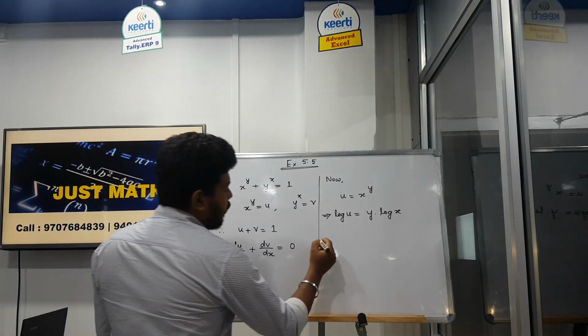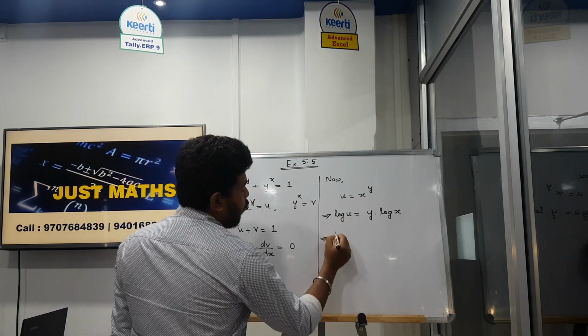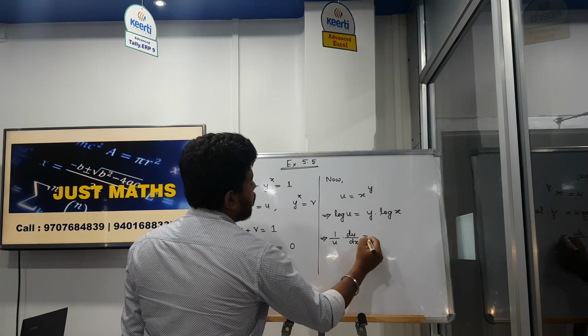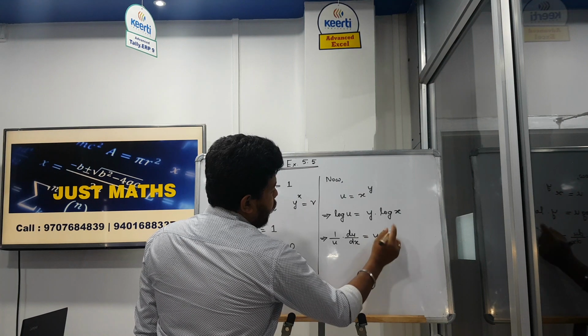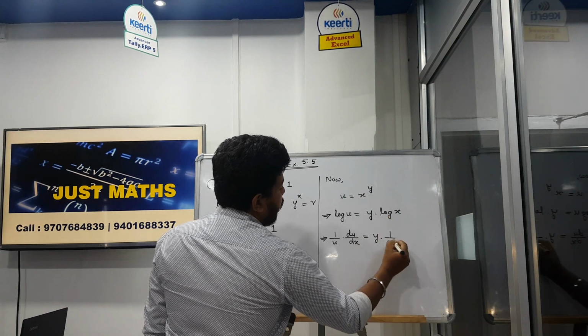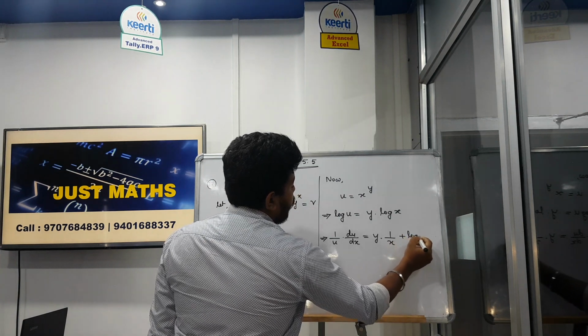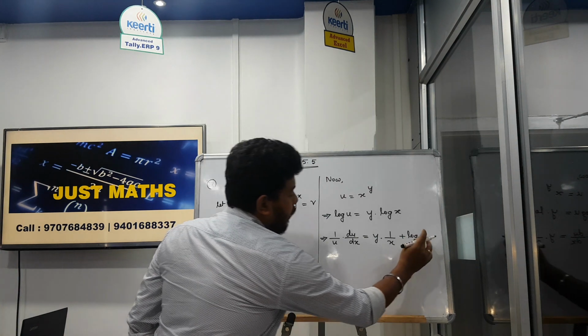Now differentiate with respect to x. For log u it is 1 by u, and for u it is du by dx. Y into, for log x derivative is 1 by x, plus log x multiplied to, for y the derivative is dy by dx.